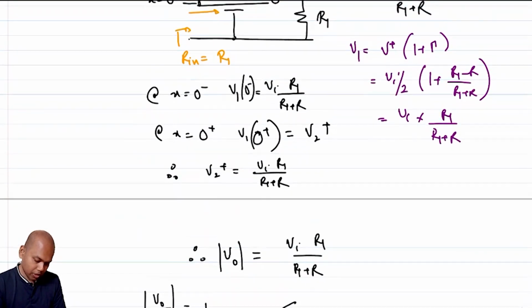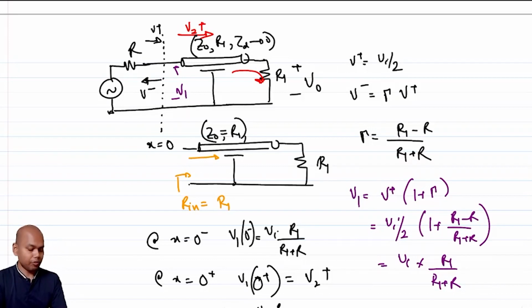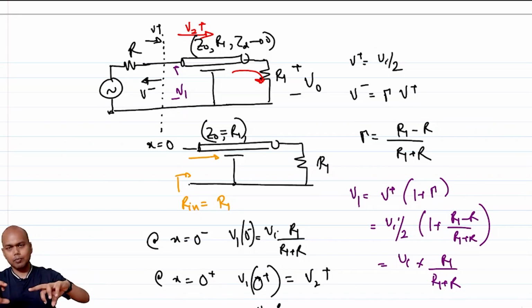S21 is the forward amount of voltage that is dumped into the output under matched condition. Output is matched, right? Assume the transmission line is a part of the output, so that transmission line has the impedance of R1, matched to R1.